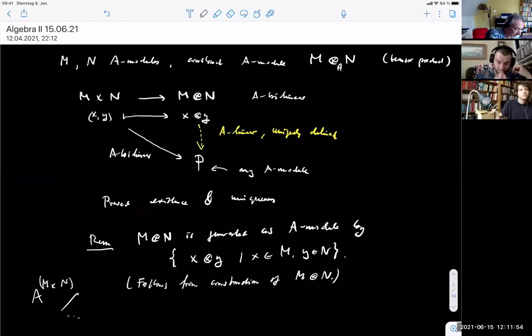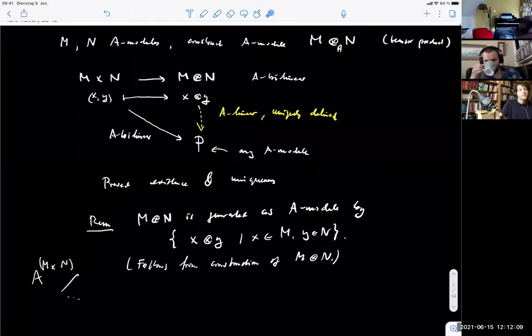But this free module has as a basis M times N, so it's generated by those. And this property obviously goes to the factor module. I think it's clear.